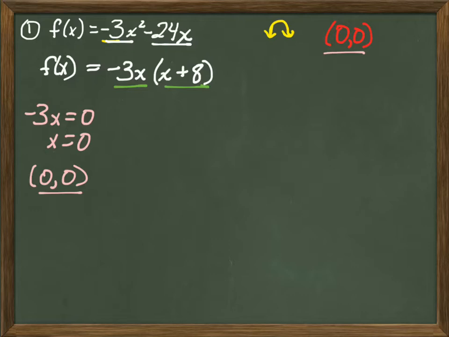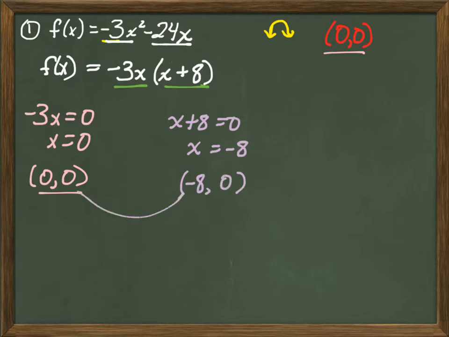Now let's take the next part of the expression, x plus 8, and we set that equal to 0. And so x must equal -8. So that means the next x-intercept is (-8, 0).